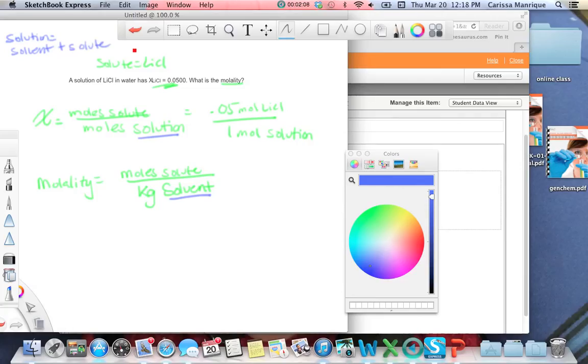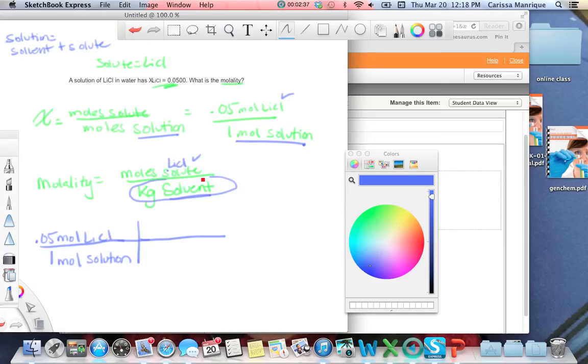Okay, so let's figure this out. Let's see what we have right now. We have 0.05 moles of lithium chloride per 1 mole of solution. So basically what we need to do, and let me put this as lithium chloride, we have moles of lithium chloride, but we need to convert 1 mole of solution into kilograms of solvent.